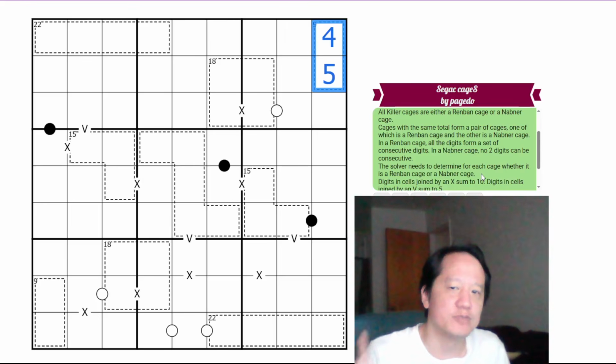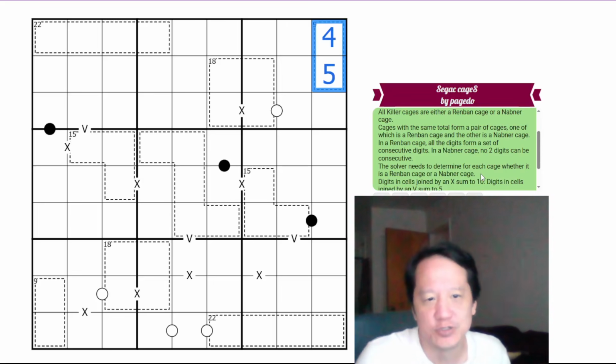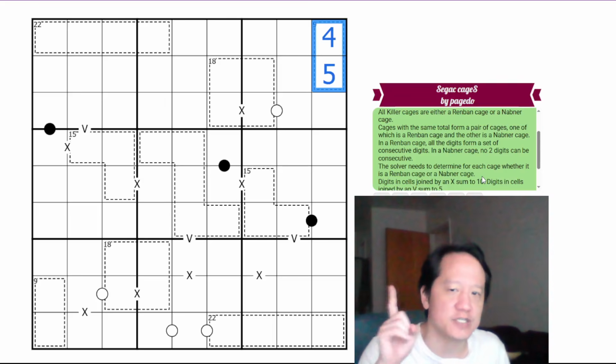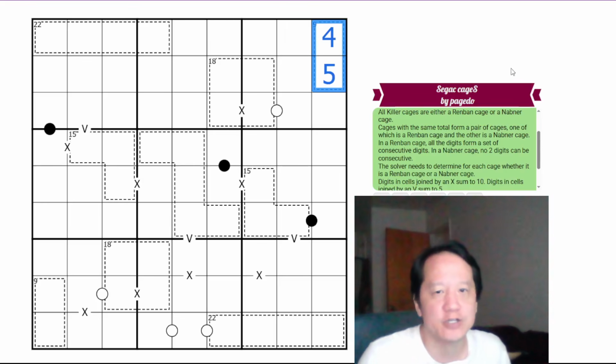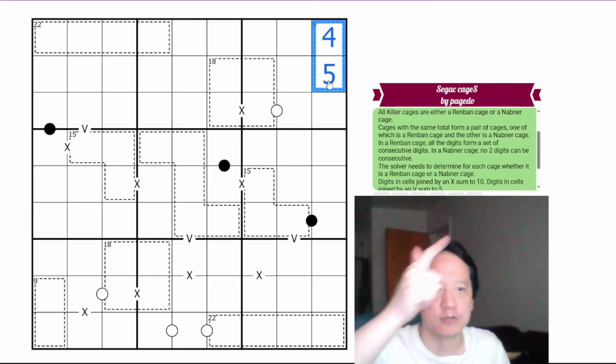So let's continue with what the rules are. Cages with the same total form a pair of cages, one of which is a Renban cage and the other is a Nabner cage. So these cages which have the same total must be, one is a Nabner cage and one is a Renban cage.